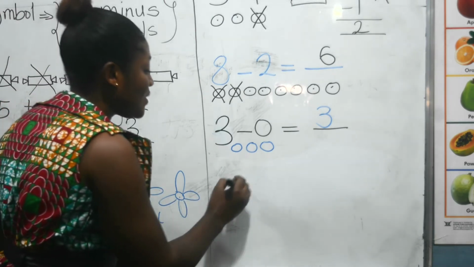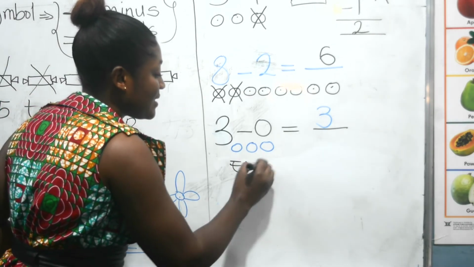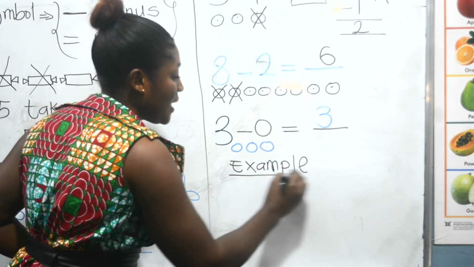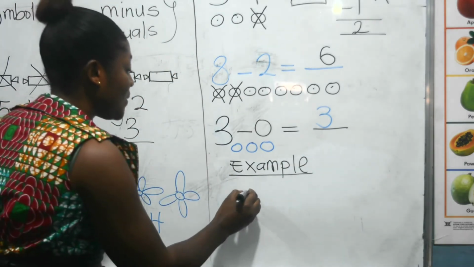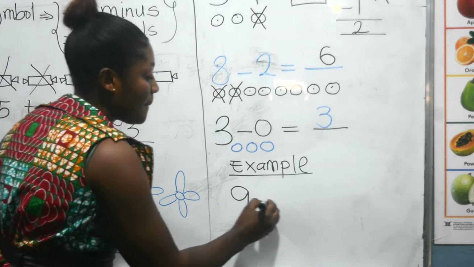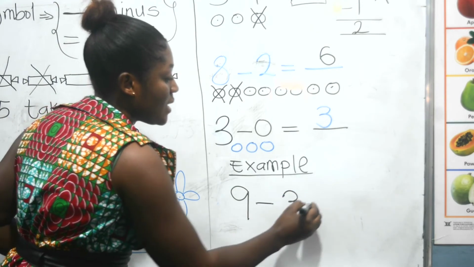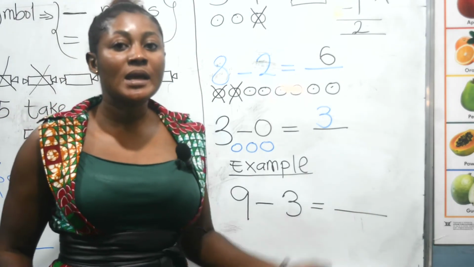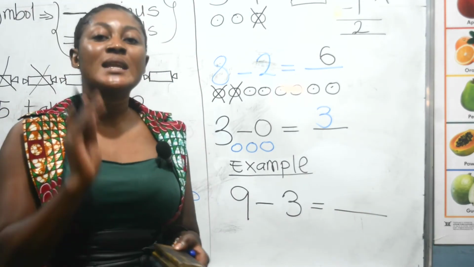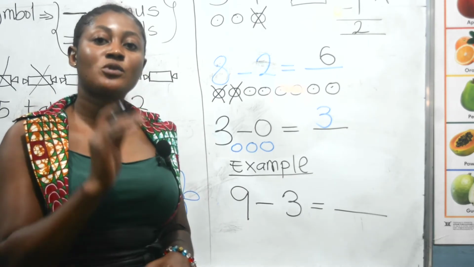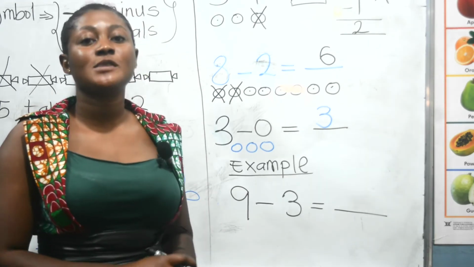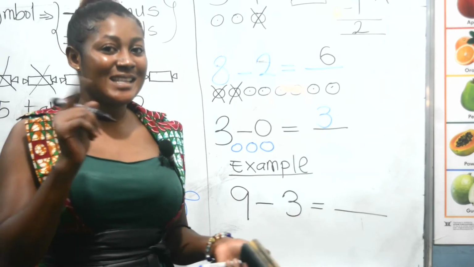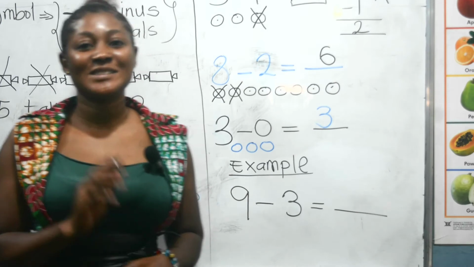So I have 9 minus 3. You are going to draw 9 circles and then you cancel 3 of them. So guys, try your hands on it. We'll be back, okay? Stay tuned, don't go anywhere.